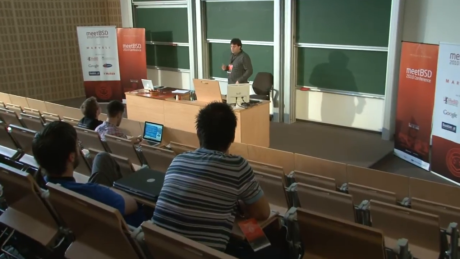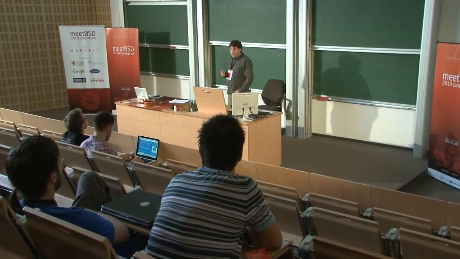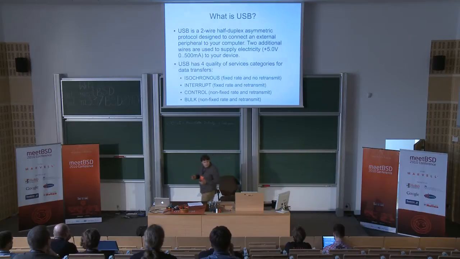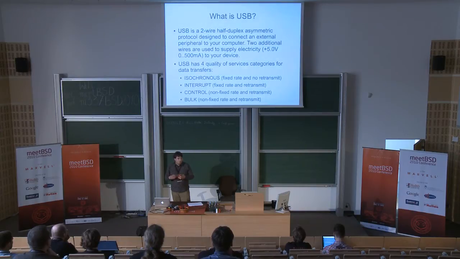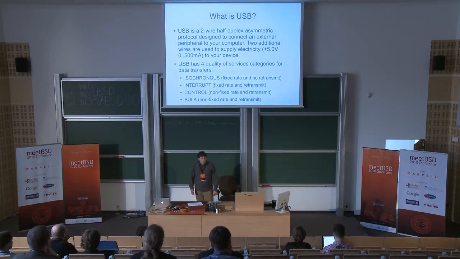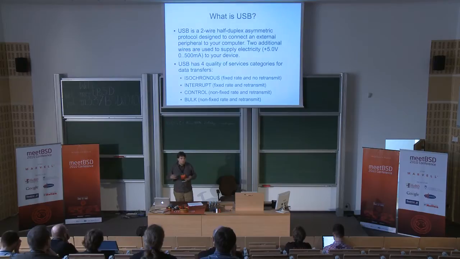Then you have so-called interrupt endpoints, and these also have a fixed rate at which they do transactions, but they have retransmission, so it's sort of like TCP for the IP-interested people. Then you have control transactions. These are a bit special, and in the end you have bulk. That is often used for memory sticks because it can transfer a lot of data and it eats up the remaining bandwidth on the USB bus.